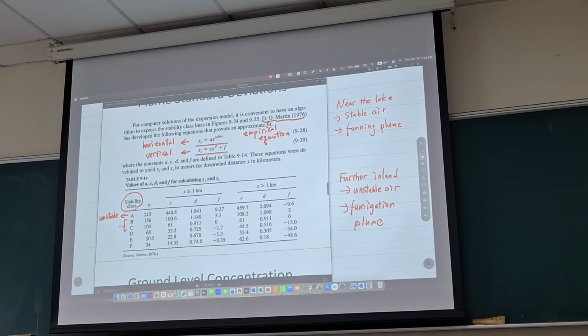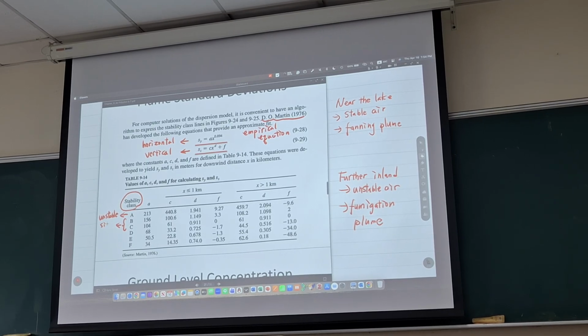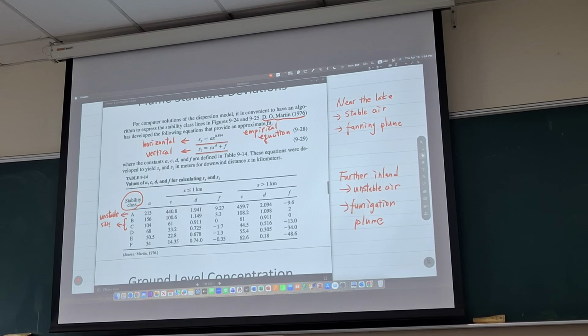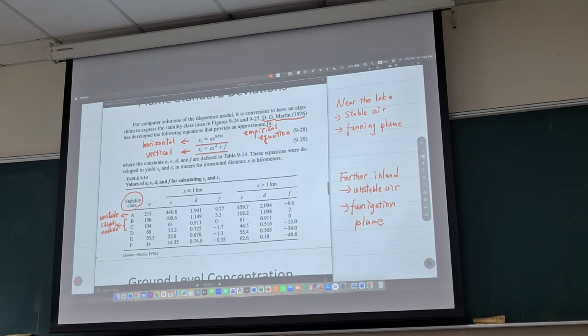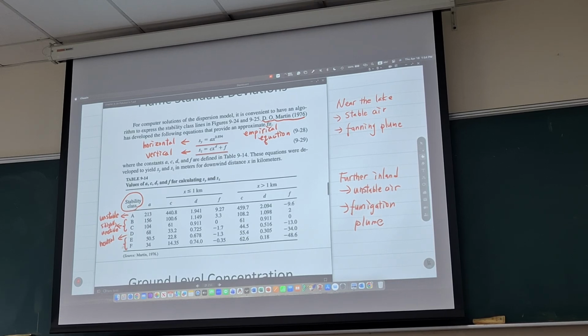B and C mean slightly unstable. D means neutral. And E and F mean stable.